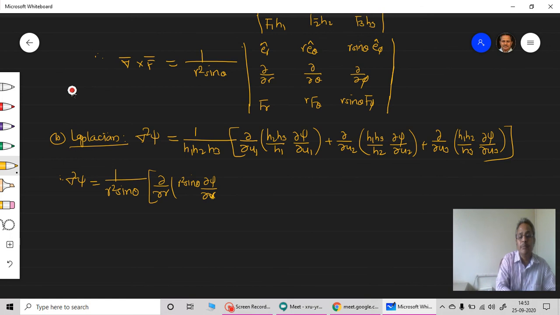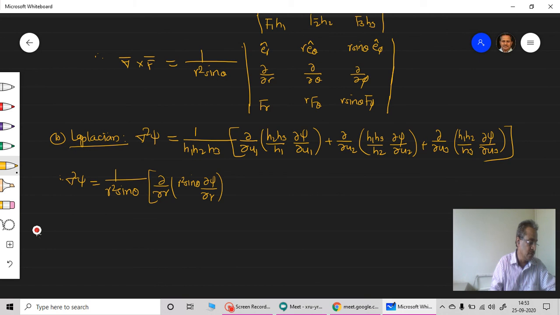Let me skip this, because the derivation which we are obtaining is one of the most important derivations from this chapter, because in the remaining chapters as well as other branches of physics, we require this Laplacian equation in spherical polar coordinates. It is one of the very important equations. Why? That I will discuss at the end.